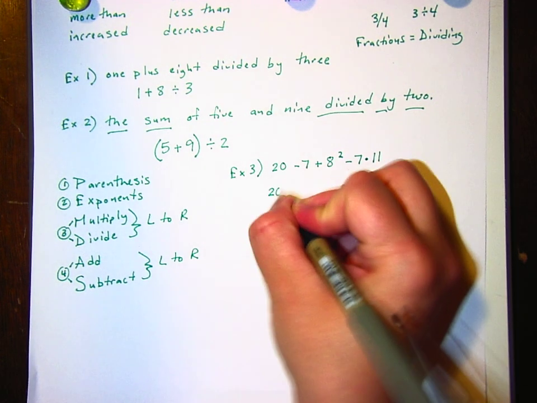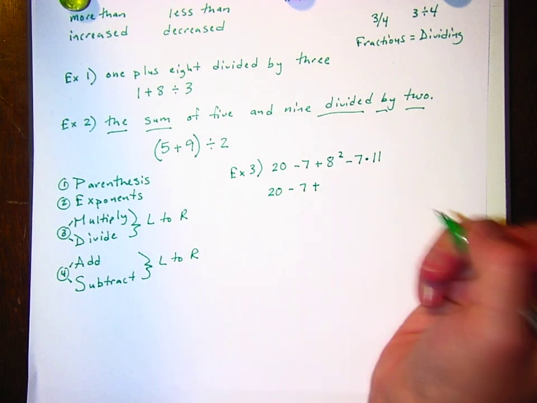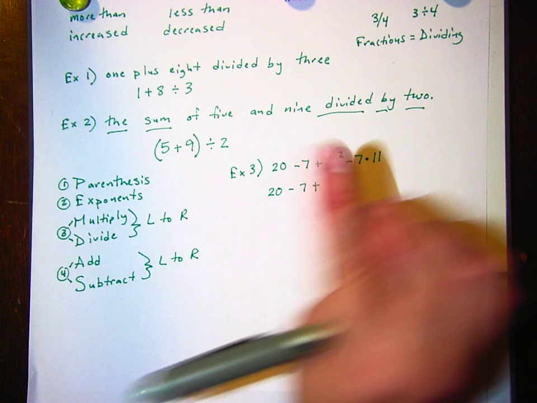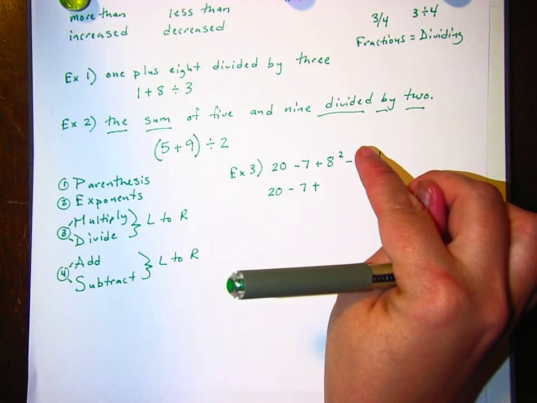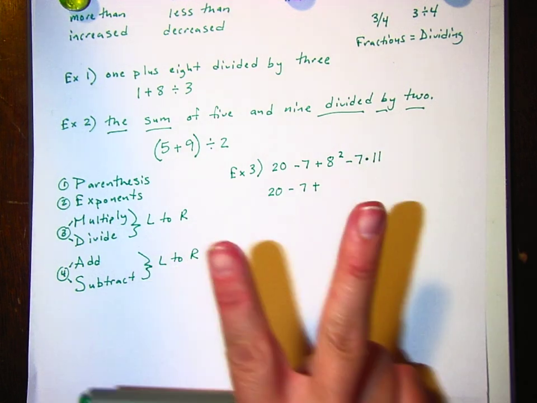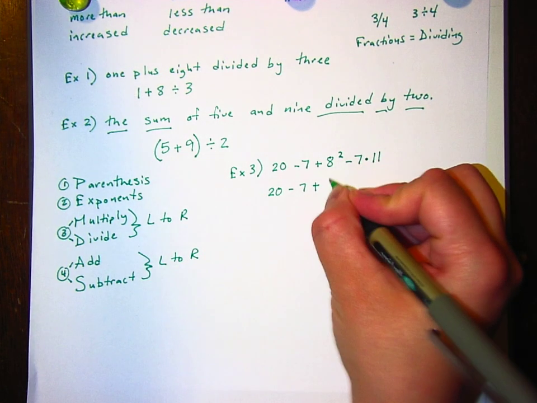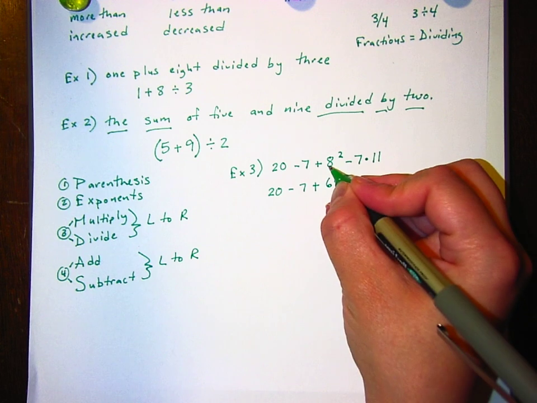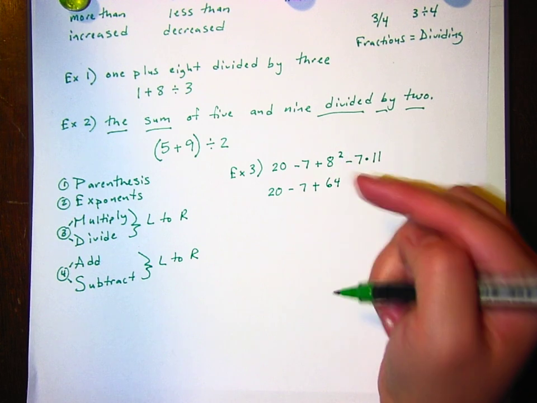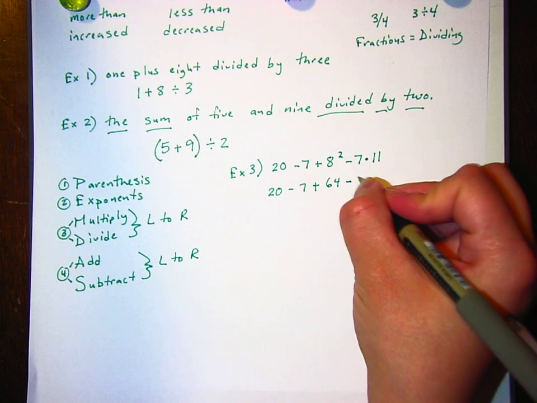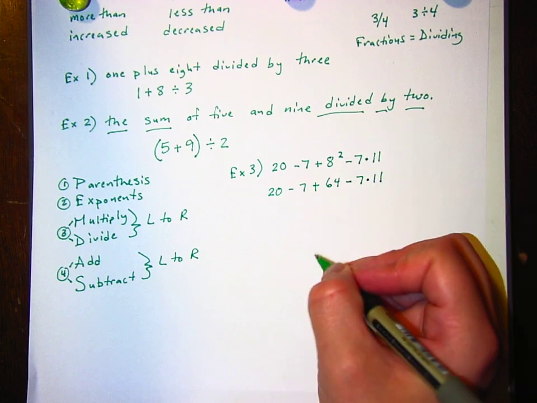All right, so I'm just going to copy down the problem until I get there. 8 squared. Now, 8 squared is not 8 times 2. It is 2 eights, so it's 8 times 8. So 8 times 8 right here is 64. And if this was 8 cubed, it would be 8 times 8 times 8, 3 eights. Minus 7 times 11. Okay?